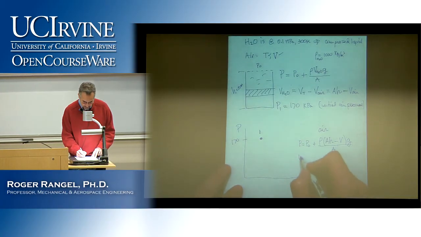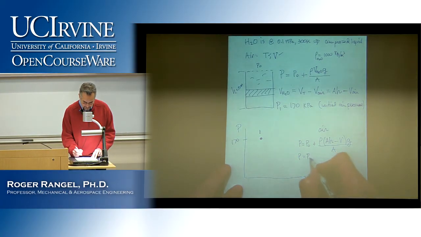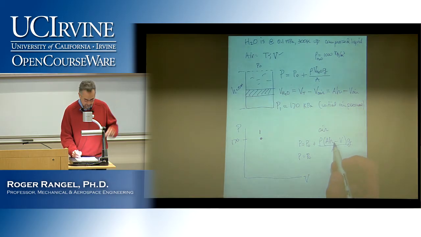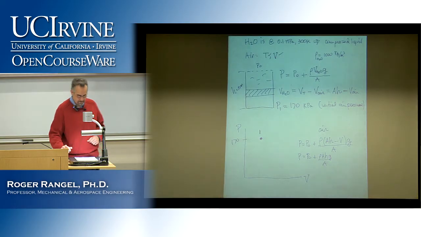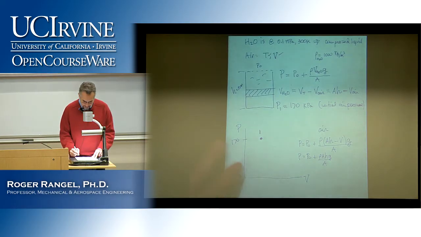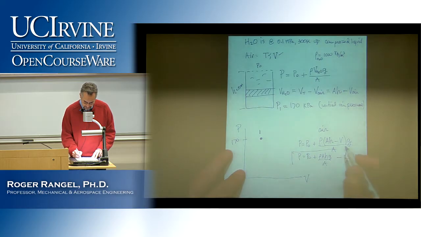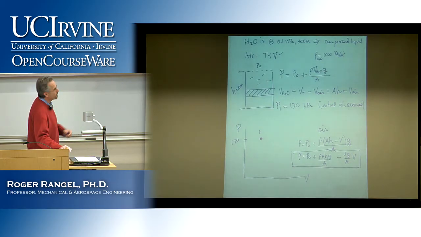Well, you can group the constants together. This is P naught. A, H is the total height, that's constant. So I can add here rho A H g over A, all the constant parts. And then I have left a minus rho g over A times V. So this is the equation for the pressure of the air.